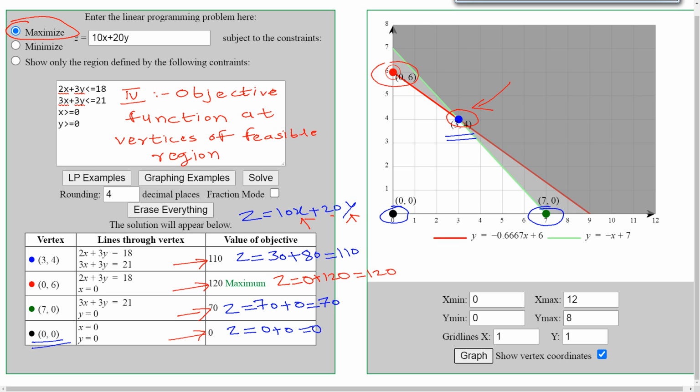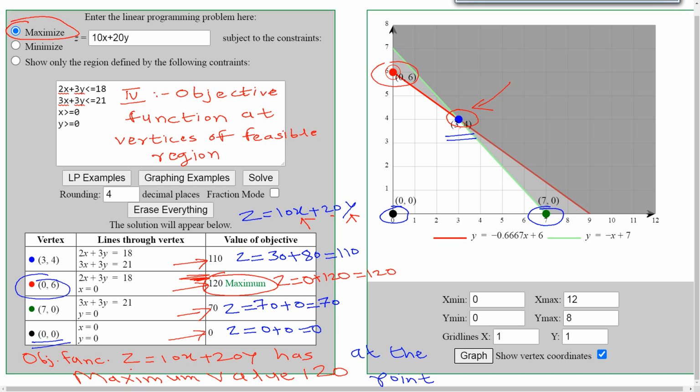The maximum value is 120, and thus the final solution of the LPP is that the objective function z is equal to 10x plus 20y has maximum value 120, as you can see here, at the point (0, 6).